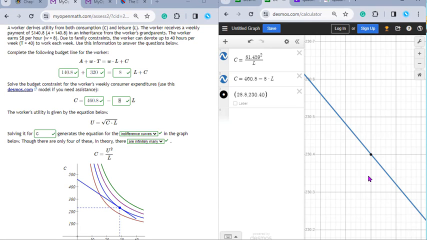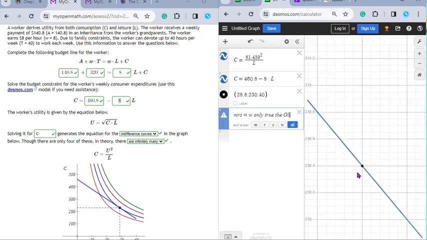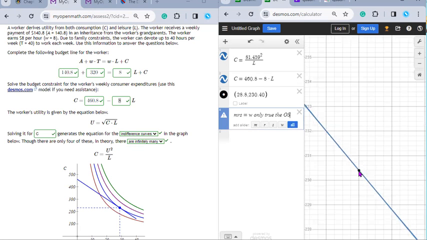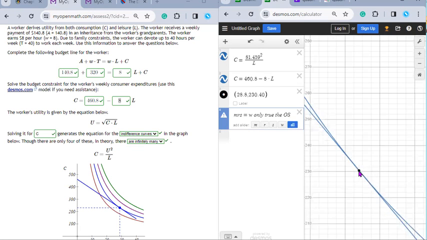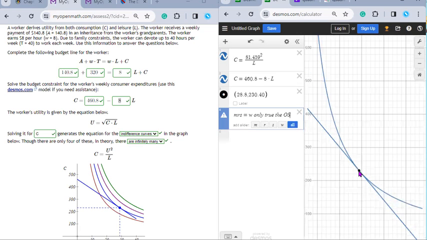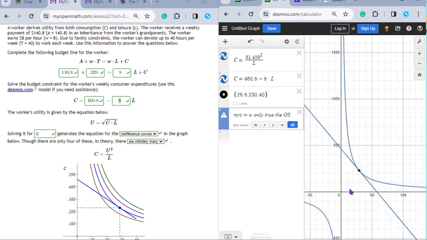So at this point, and only at this point, the marginal rate of substitution equals the economic rate of substitution, which is the wage rate. That is only true at the optimal solution, because if I zoom out, we're going to see that the indifference curve is indeed a curve.